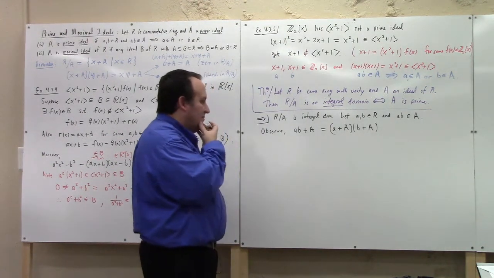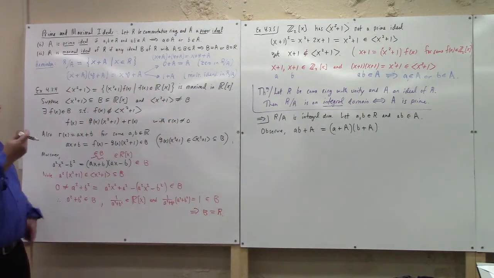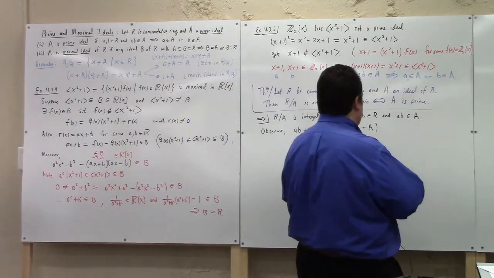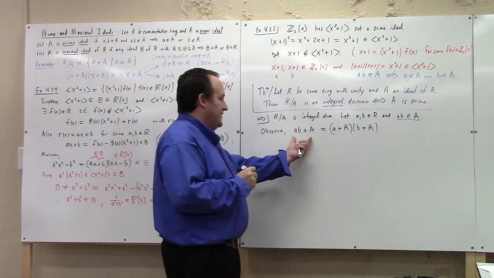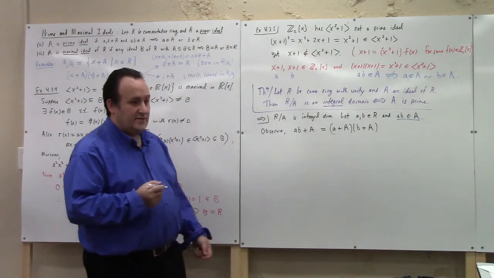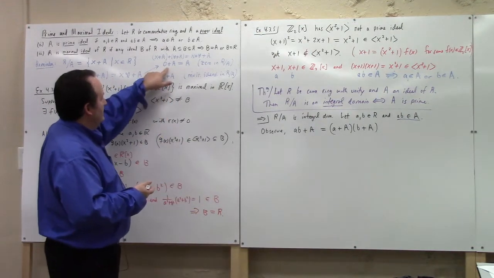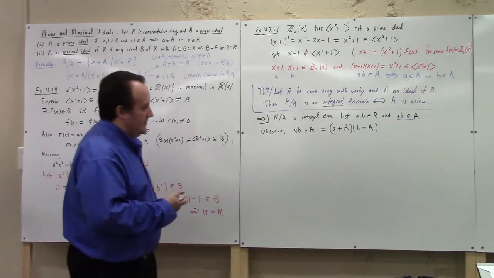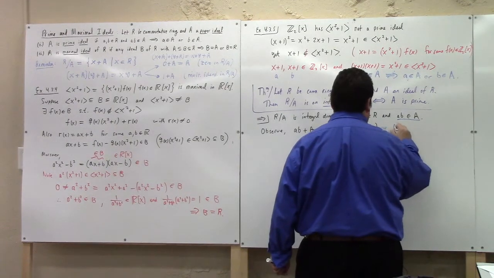So, what can you tell me about ab + A? Set aside prime for a second. On the basis of this assumption, what does that mean about ab + A? It's another thing in A. In other words, we can set this equal to A again.